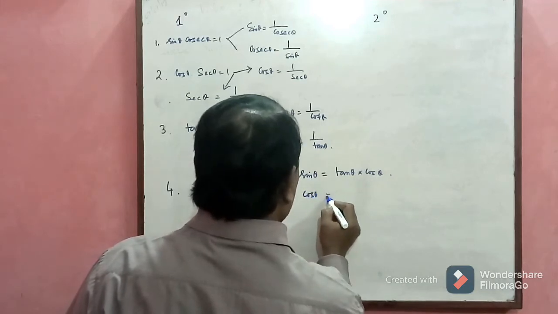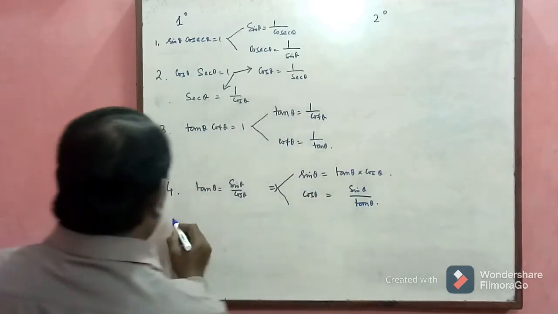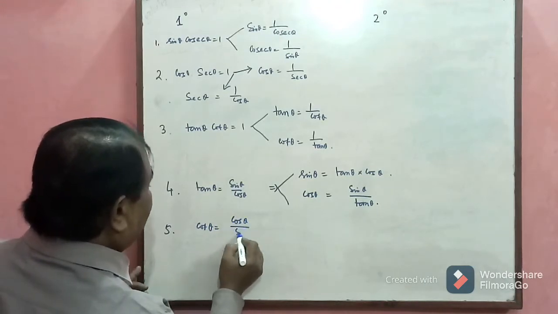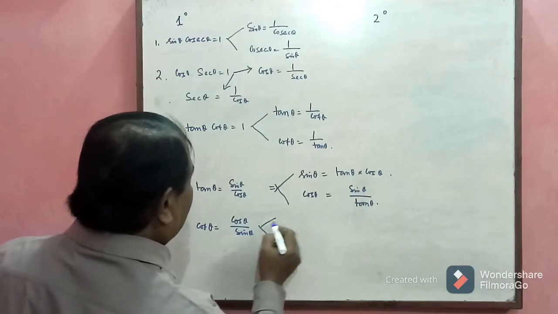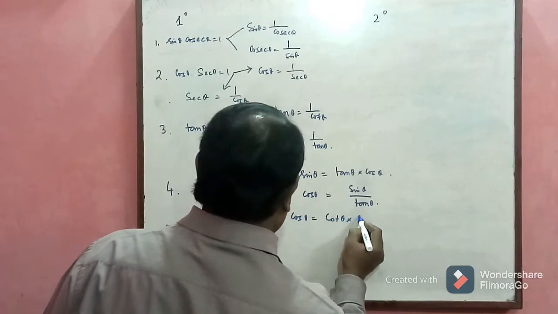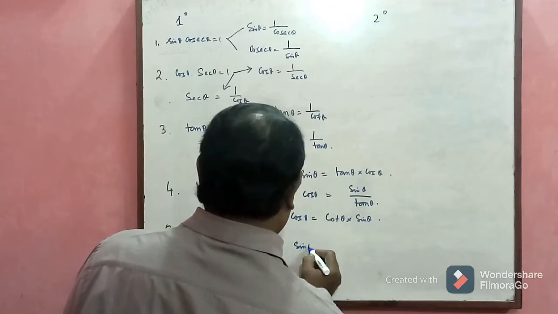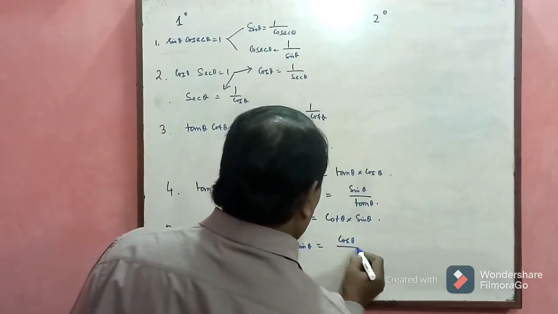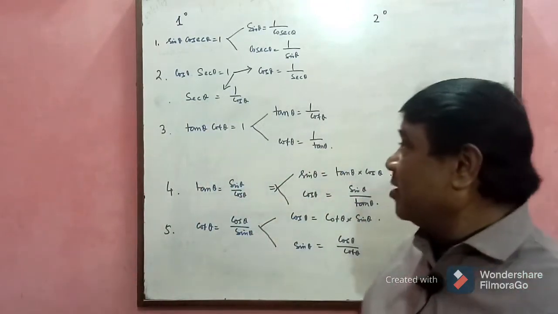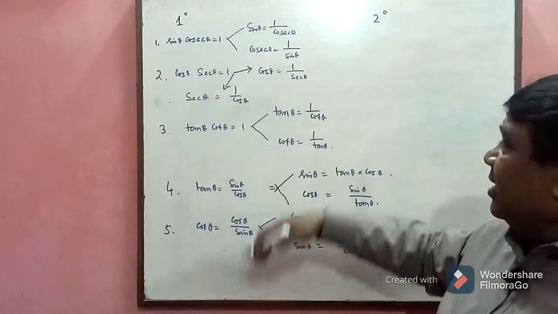Cos theta is equal to sin theta upon tan theta. Similarly, number 5, cot theta is equal to cos theta upon sin theta. This also can be written in this way. Cos theta is equal to cot theta into sin theta, and sin theta is equal to cos theta upon cot theta. Now is it clear? So these are the 5 1-degree identities.